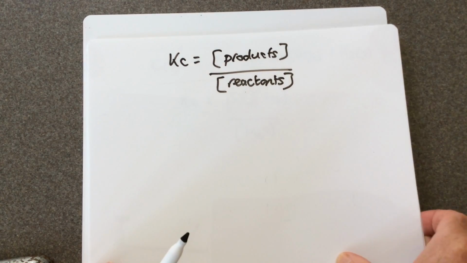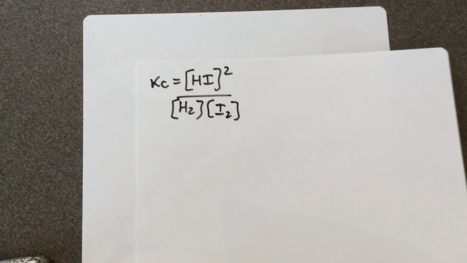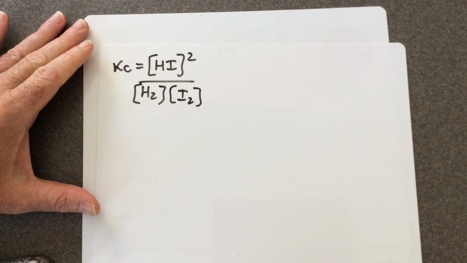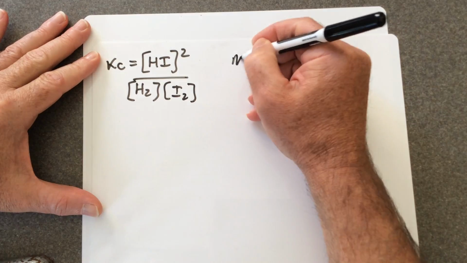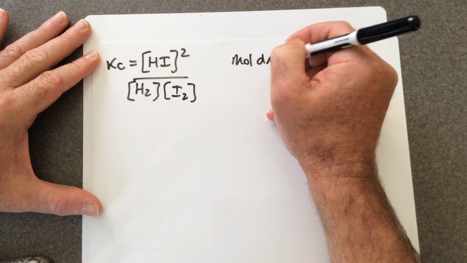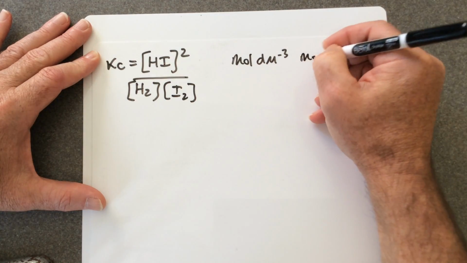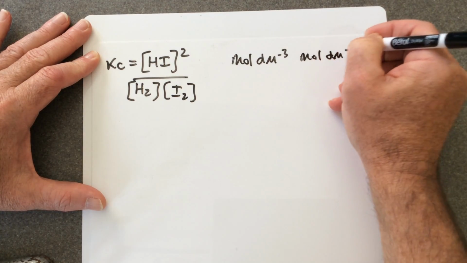Now let's have a quick think about how to calculate units, first of all, for Kc. I've written out the Kc expression for the reaction between hydrogen and iodine making hydrogen iodide. Now when we come to units, we've just said that everything is measured in moles per decimeter cubed. So I've got moles per decimeter cubed, squared, on the top.